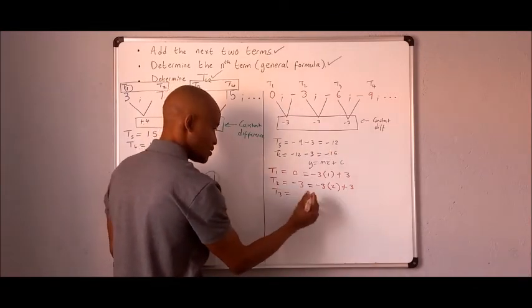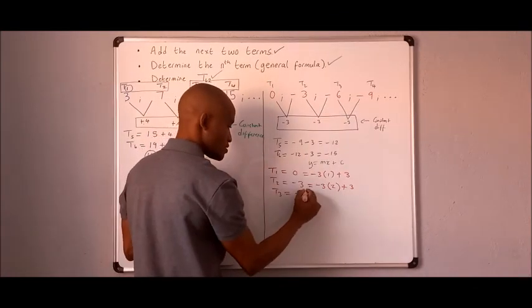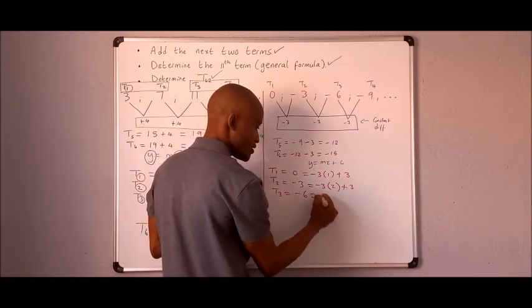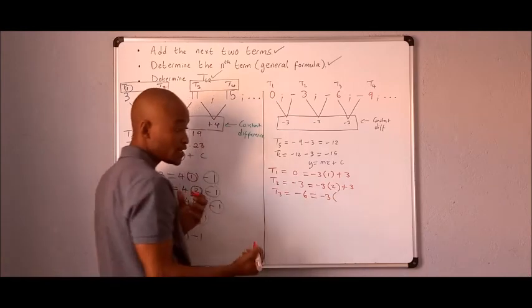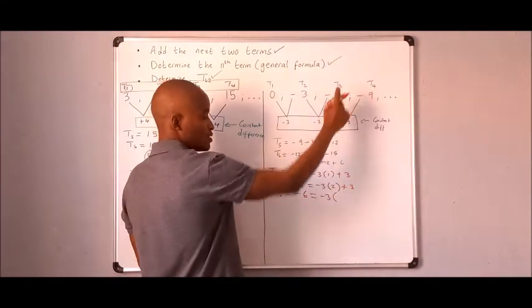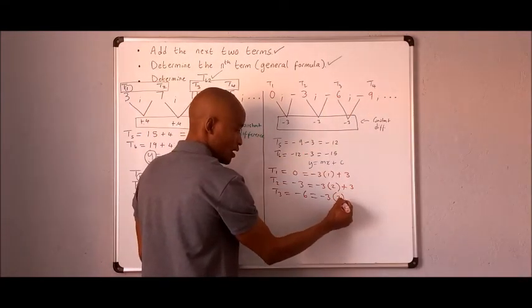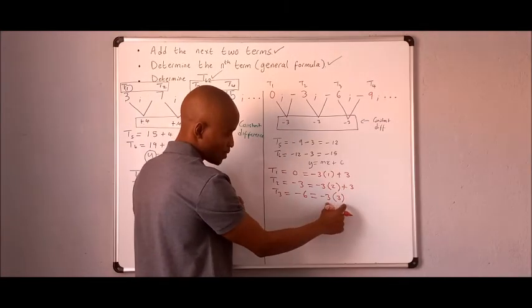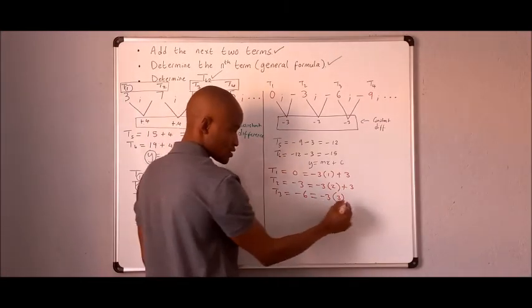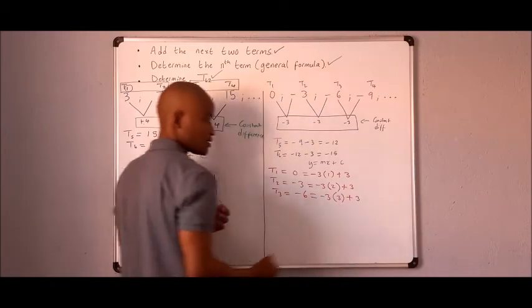Term 3, we have negative 6. Our constant difference is negative 3. That's our gradient. And position 3 is where we are. Negative 3 times 3 is negative 9. What must we do here to get negative 6? We must add 3.